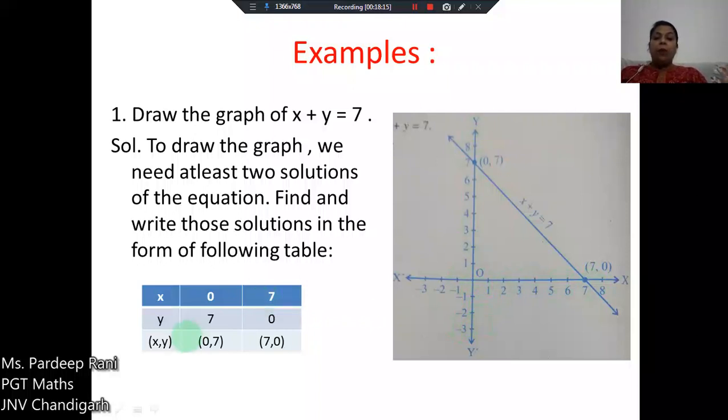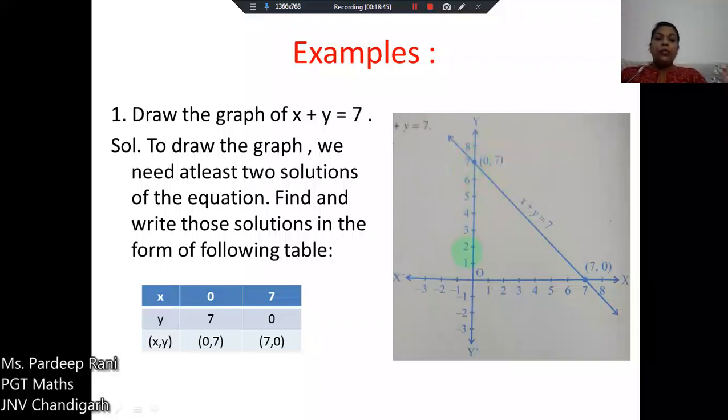Now to plot the point (0, 7), since it has its x coordinate as 0, this point will lie on the y-axis and we will have to move 7 units above the origin towards the positive direction of the y-axis to reach the point (0, 7). This is the required point.